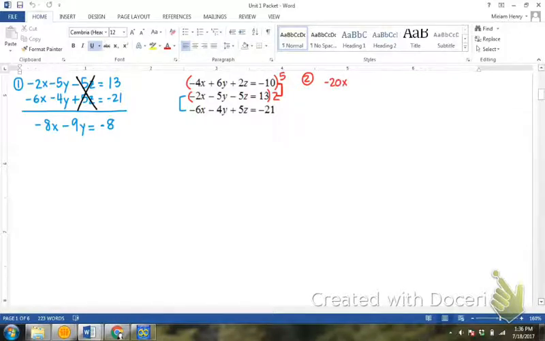Go ahead and do it. You don't have to look up here because you can multiply a 5 through. Okay, once you've multiplied the 5 through, go ahead and multiply the 2 through.